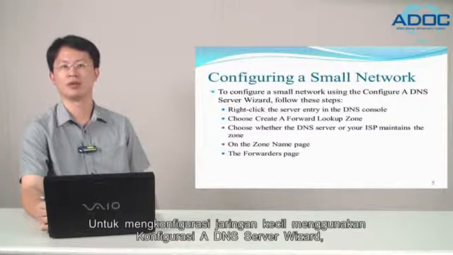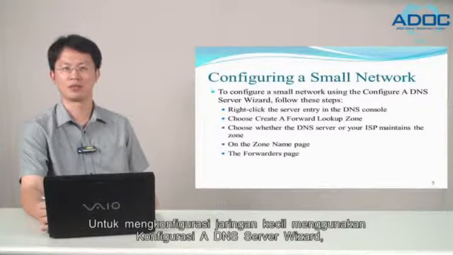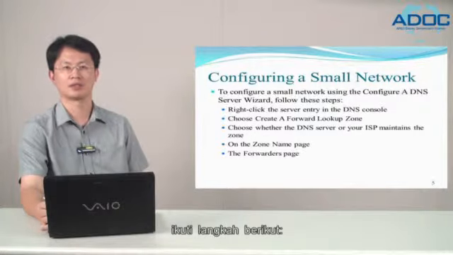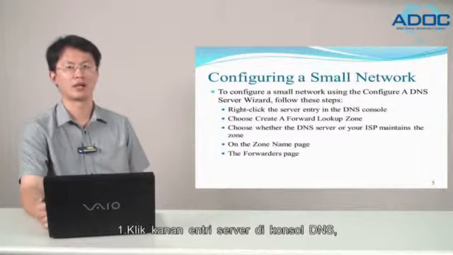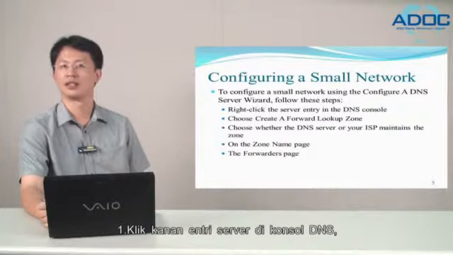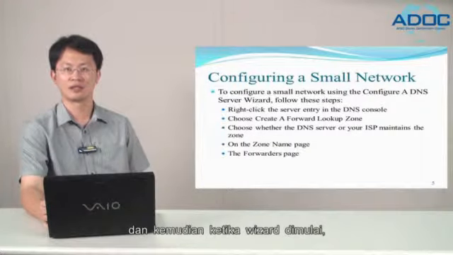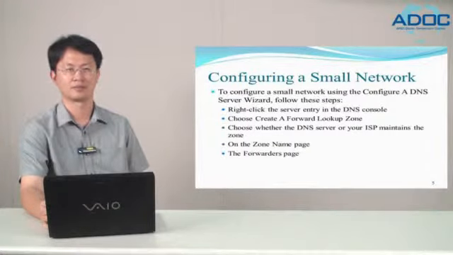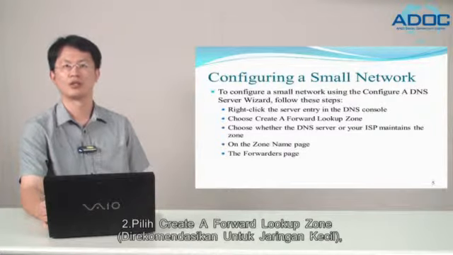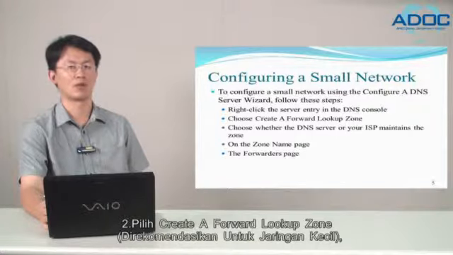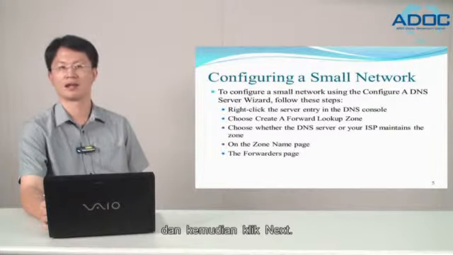To configure a small network using the Configure a DNS Server wizard, follow these steps. First, right-click the server entry in the DNS console, select Configure a DNS Server, and then, when the wizard starts, click Next. Second, choose Create a Forward Lookup Zone, recommended for small networks, and then click Next.